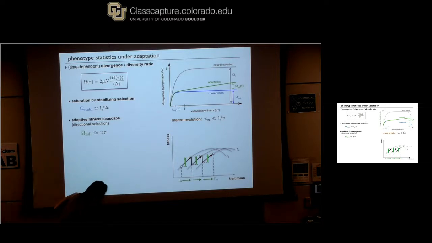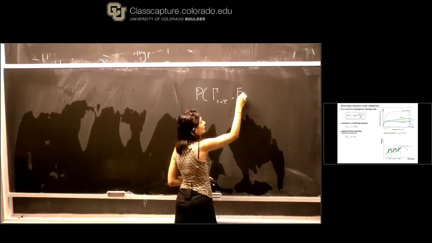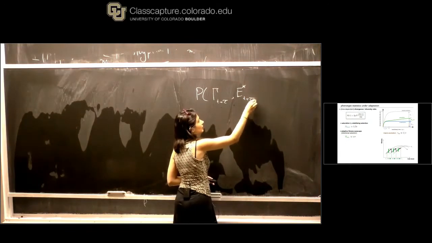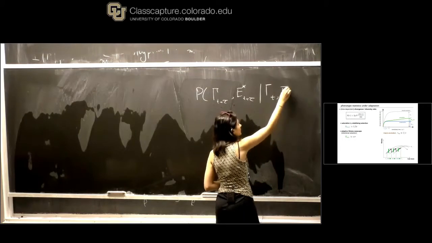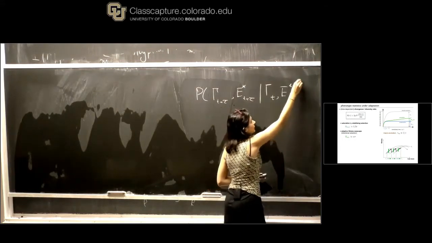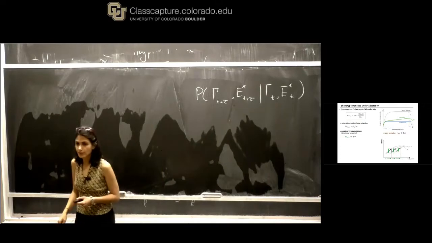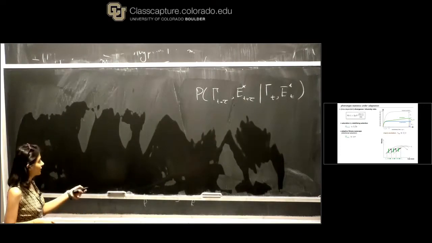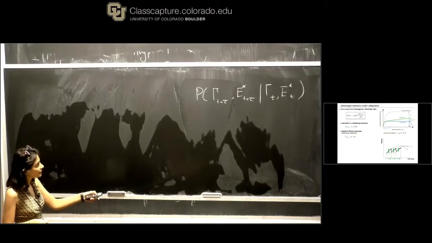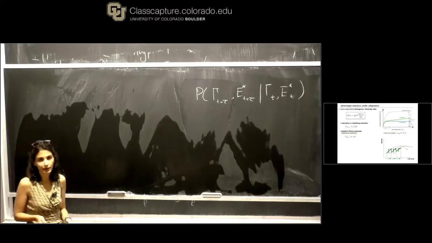This is just a summary statistics of that dynamics, but in principle we have gamma at time t plus tau, E star at time t plus tau, conditioned on gamma at time t and E star at time t. So we know how this propagator looks. We didn't write it down yesterday, but you can guess that it should depend on these statistics, and it's a Gaussian propagator.